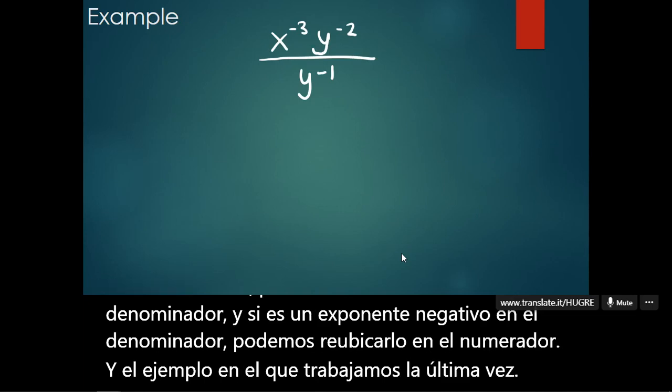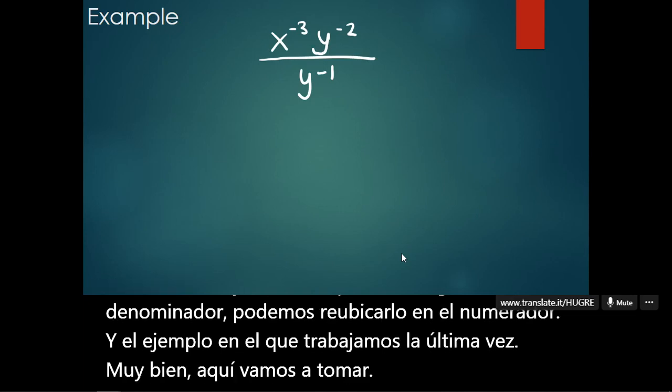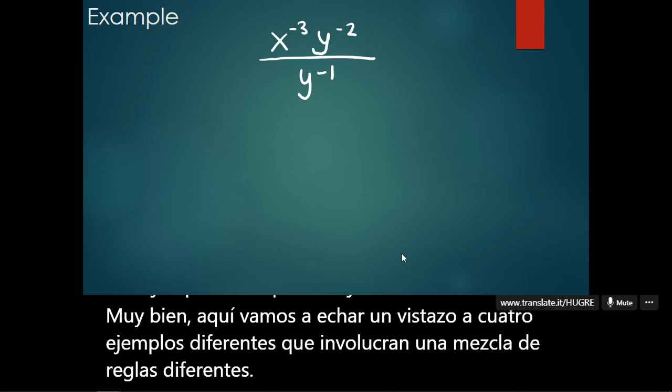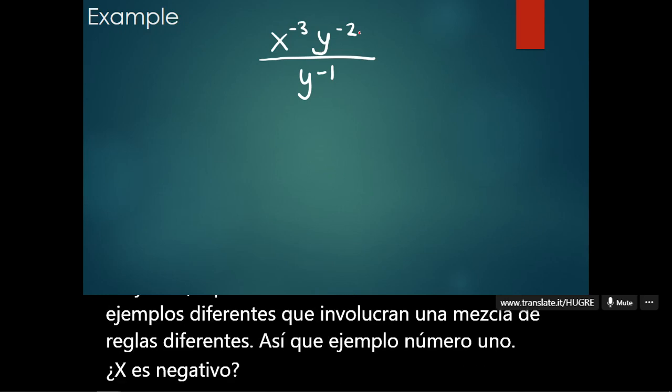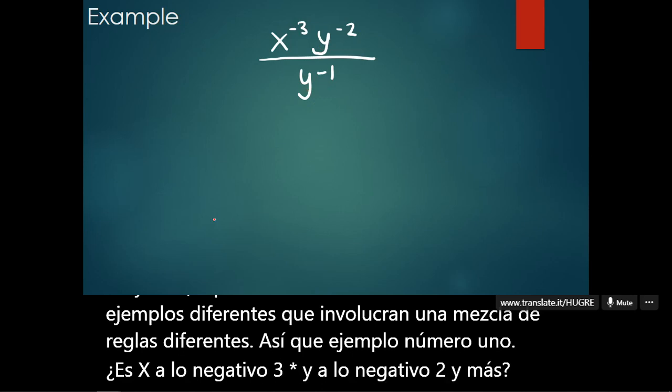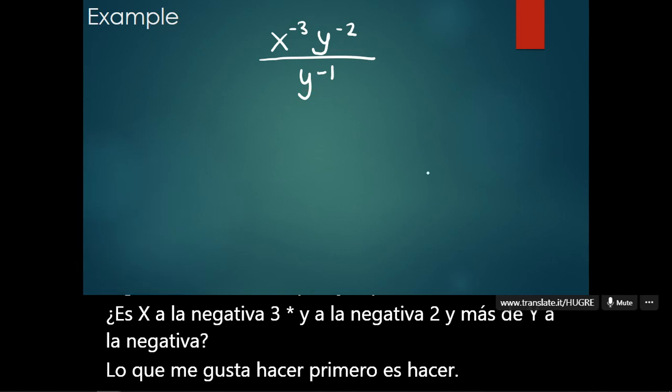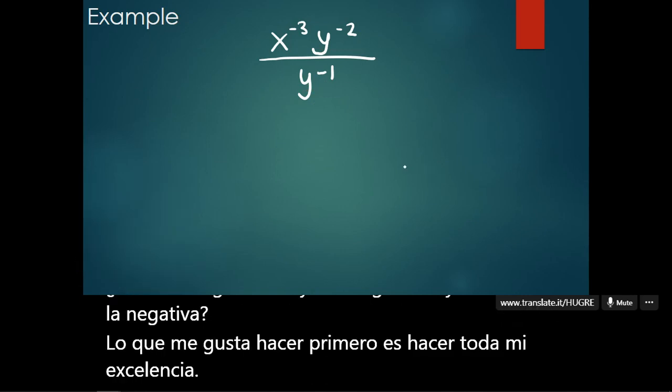All right, so here we're going to take a look at 4 different examples involving a mixture of different rules. So example number 1 is x to the negative 3 times y to the negative 2 over y to the negative 1. What I like to do first is to make all of my exponents positive to begin with.